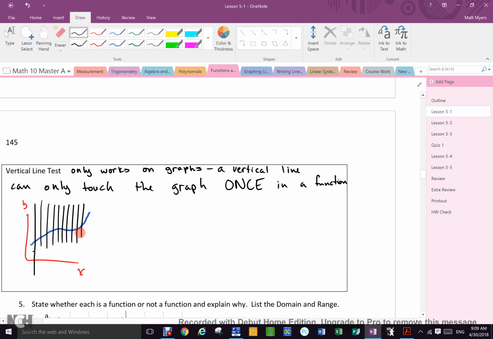Once. So whatever value of x I have, I'm only going to have one y value. Does everybody understand? This is a function.